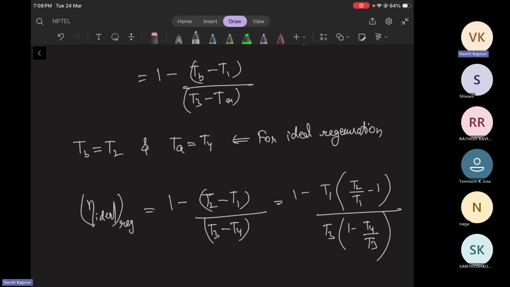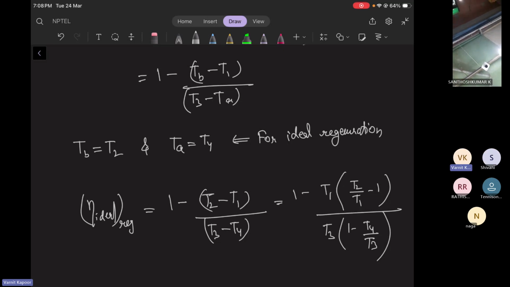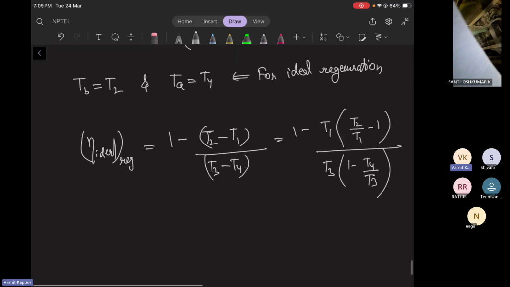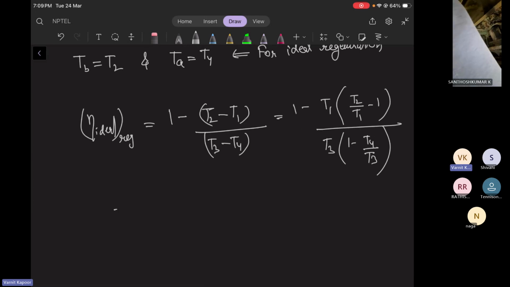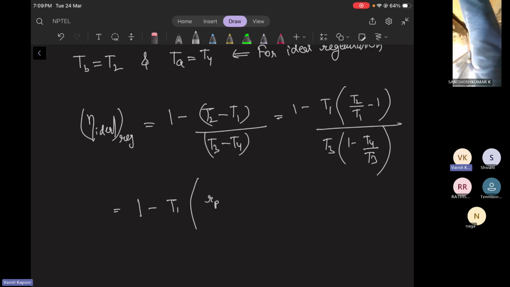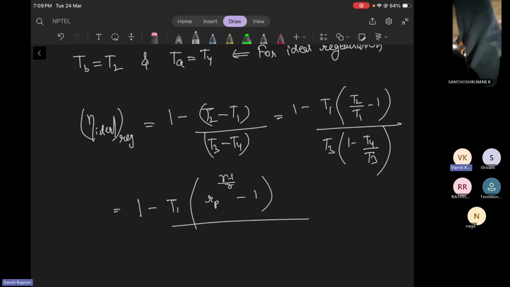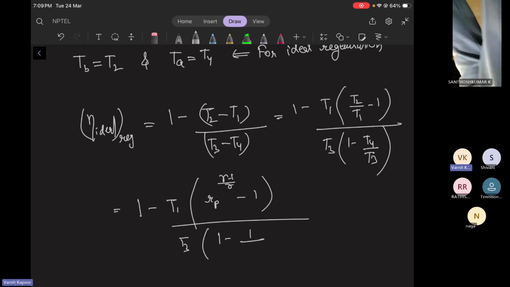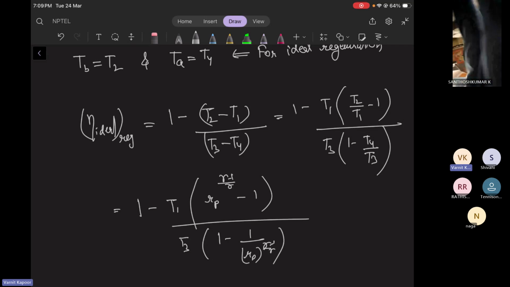We know that T2 by T1 is Rp to the power of gamma minus 1 by gamma, and similarly T4 by T3 is 1 by Rp to the power of gamma minus 1 by gamma. So it is 1 minus T1 times Rp to the power of gamma minus 1 by gamma minus 1, that of T3 times 1 minus 1 by Rp to the power of gamma minus 1 by gamma.